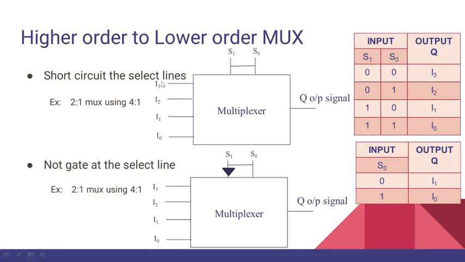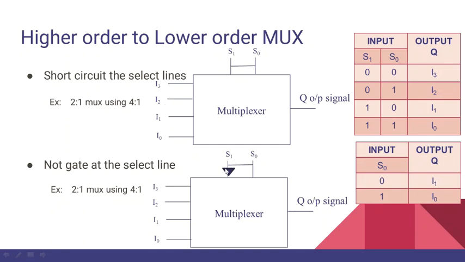So we will connect I1 of the 2:1 mux here. When select line S0 is 1, both will be 1 here, so I0 is the output. So we will give the I0 of the 2:1 multiplexer here, and we'll get the output here. These two we won't connect, or we will just short them and ground them.